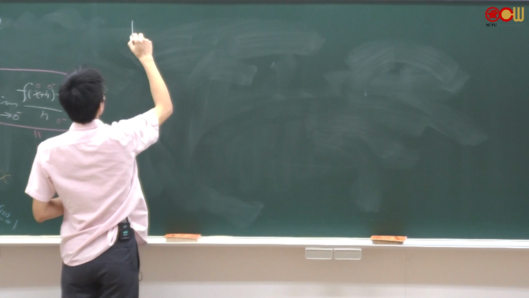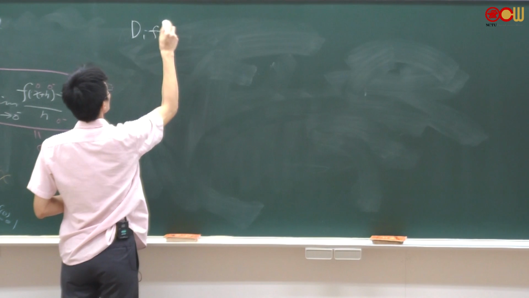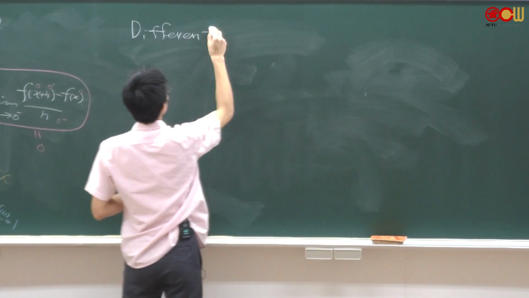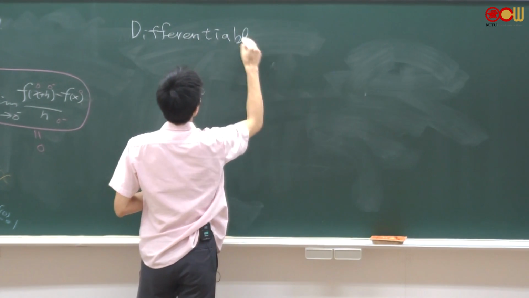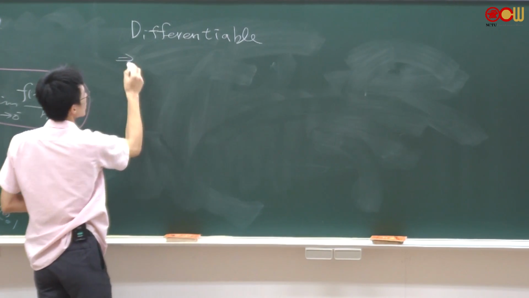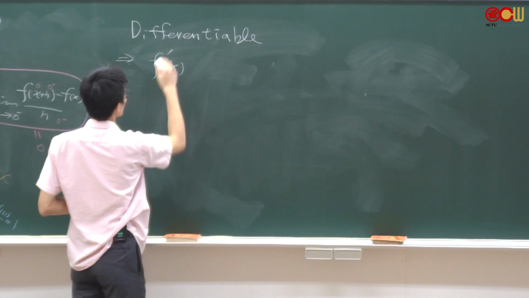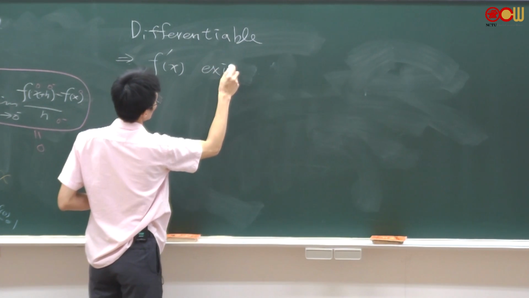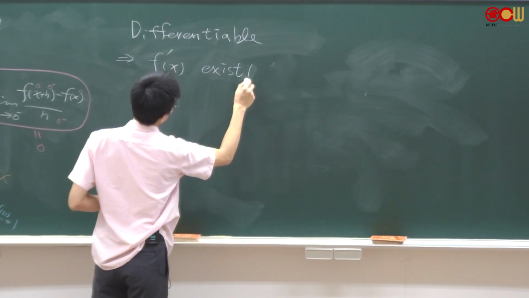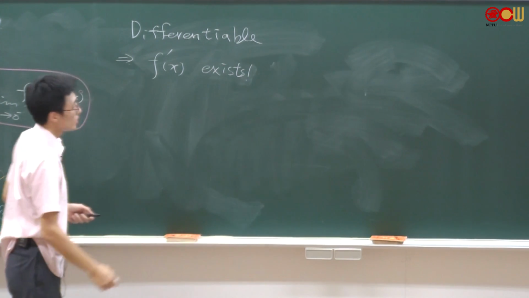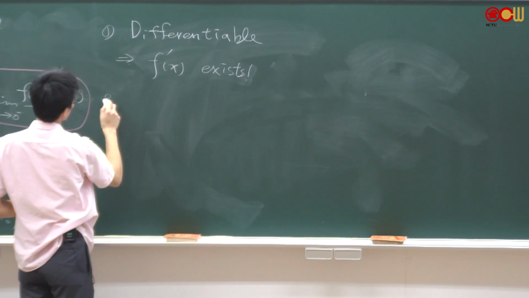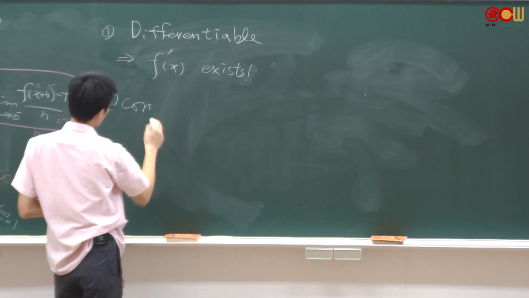Let's step back for differentiable. What does this say? It says the limit exists, right? What is continually differentiable?